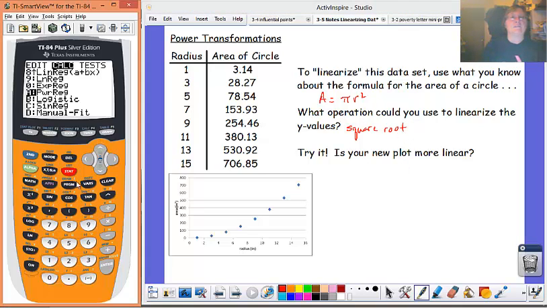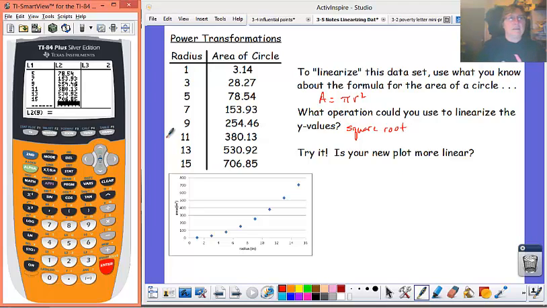Folks, I'm going to challenge you to do that. I'm going to go ahead and put this data into my list. Okay, I have my data in my list, and the idea is, since we already know the relationship between the radius of a circle and its area, that we should be able to linearize just by taking the square root of these things.